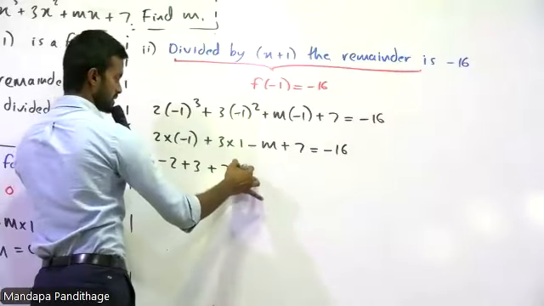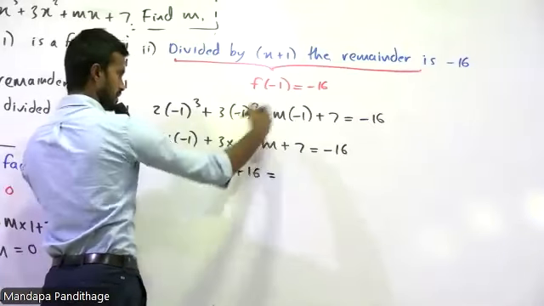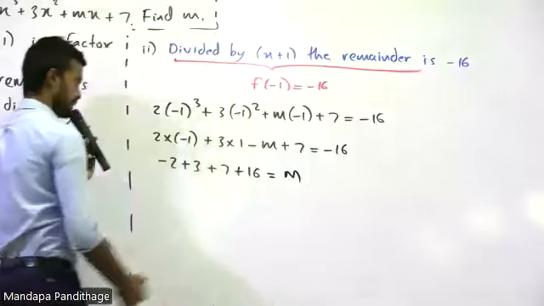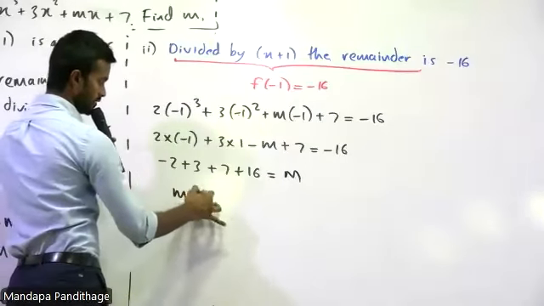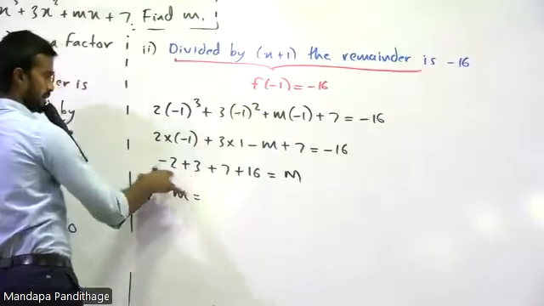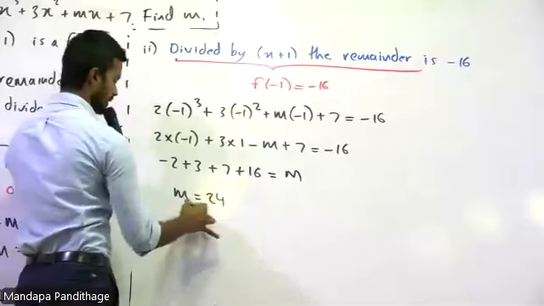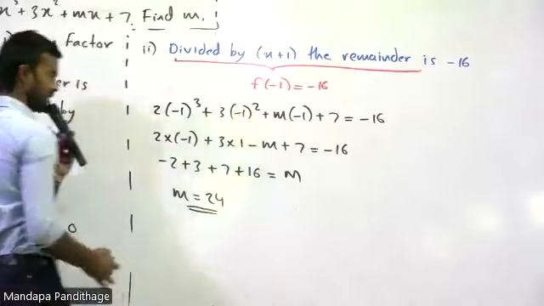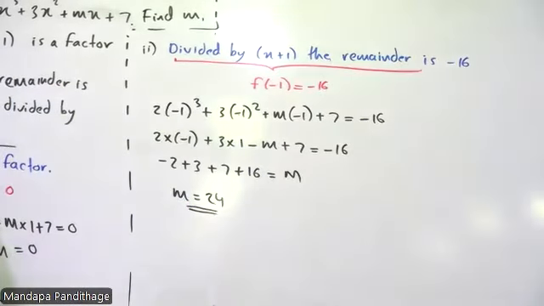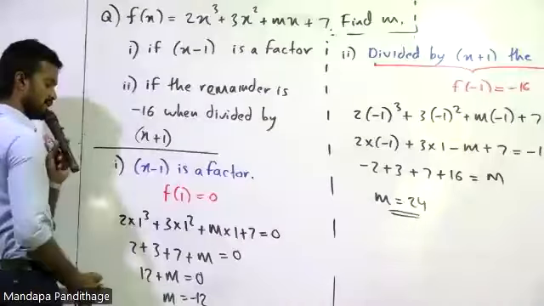If I bring this to this side, it's plus 16, and minus m taken to the other side becomes m. So this gives you the value of m is equal to 26 minus 2, it's 24. So according to the two data that they have given, if x minus 1 is a factor, m is equal to minus 12.